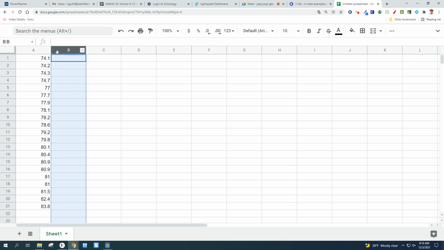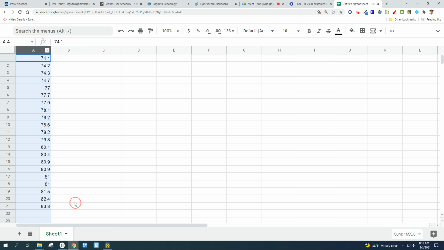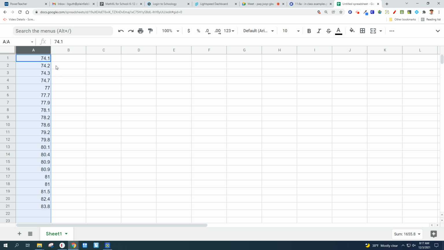It was hidden on my screen, but if you notice when you click up here on this header, there's a little triangle. If you click on that and then go to sort A to Z, you could sort them backwards if you wanted to, but I'd rather sort them forwards. So anyway, I think that helps.